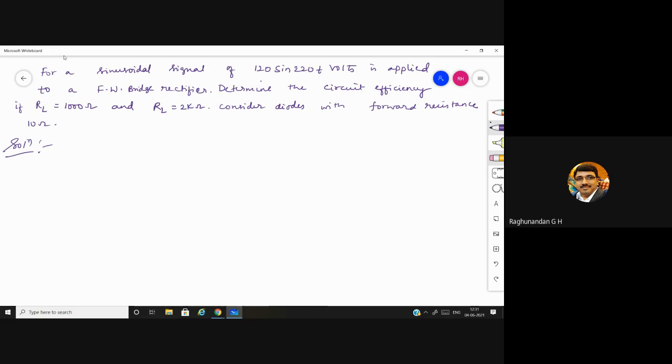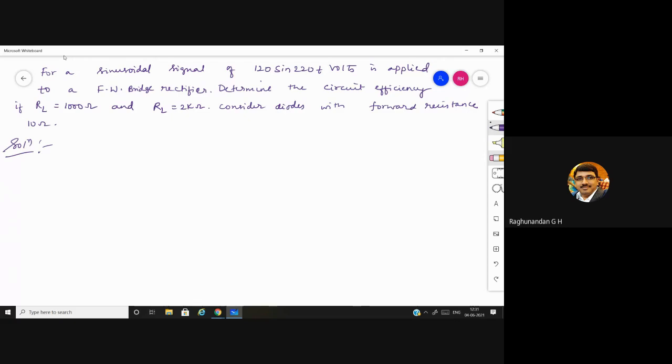So here they have not given any values directly. Instead, they have given it in terms of an equation. This equation is similar to some other equation which we have used in our derivations.